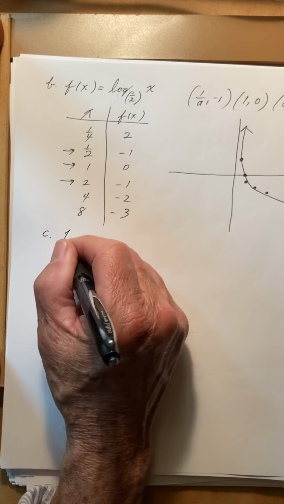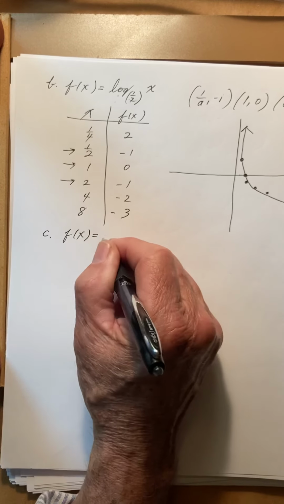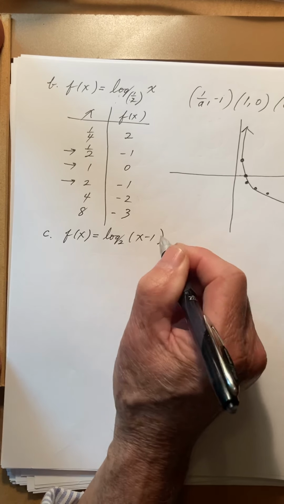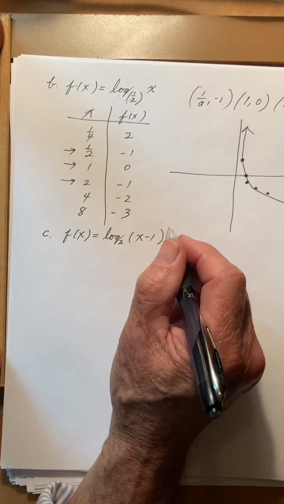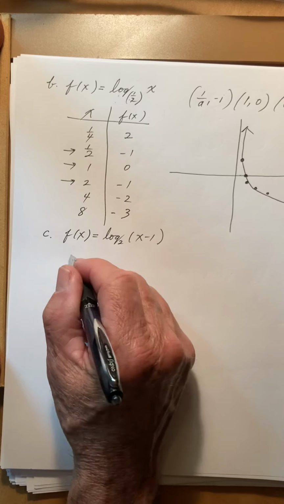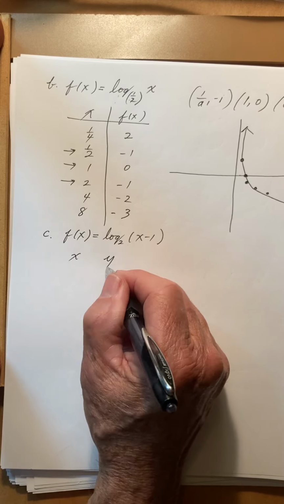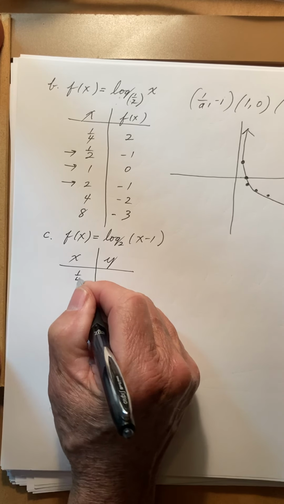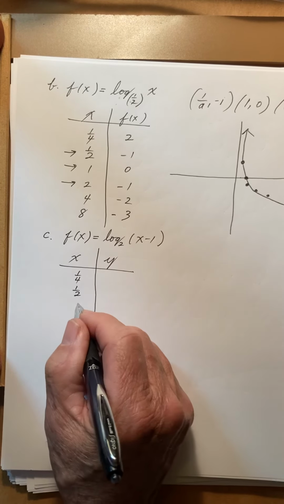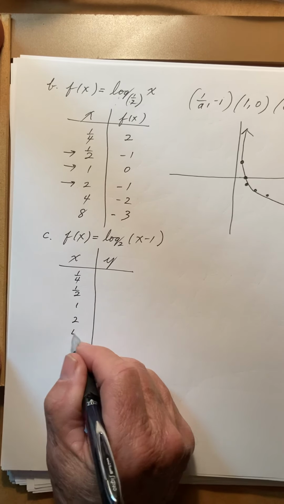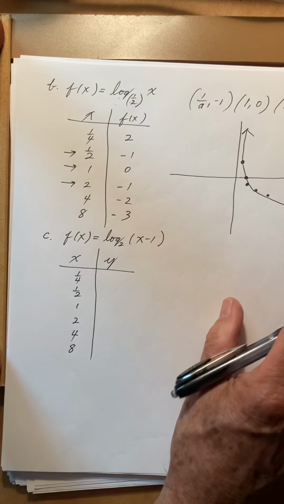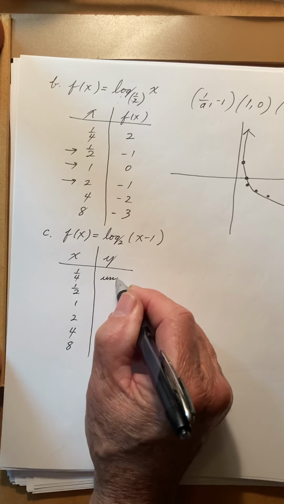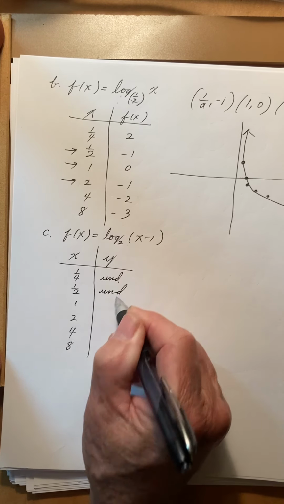Part C, f of x is log base 2 of x minus 1. All right, so our table, 1/4, 1/2, 1, 2, 4, and 8 for x. It turns out that these 3 right here are all undefined.